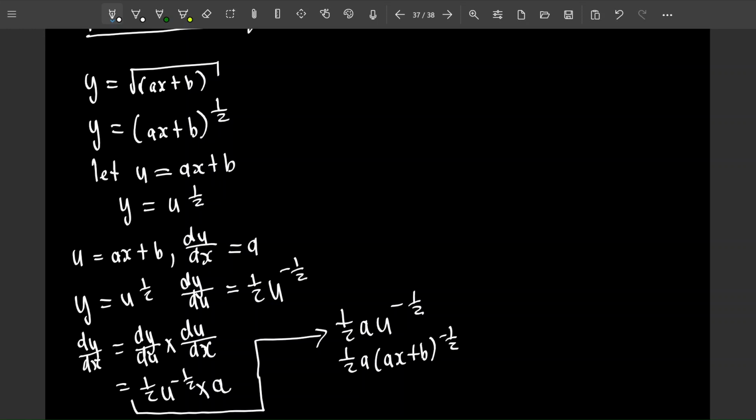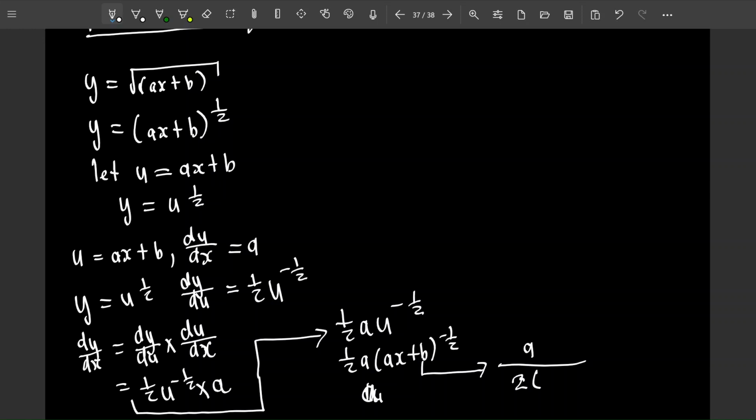If you want to write it in a better way, this 2 is in the denominator, right? So I'm going to put 1 times everything on the numerator. What is everything in the numerator in this line? I have 1 and a only. So 1 times a will be just a. It's going to be a, then all over, what is in the denominator? There's 2, and then there's ax plus b raised to the negative half.